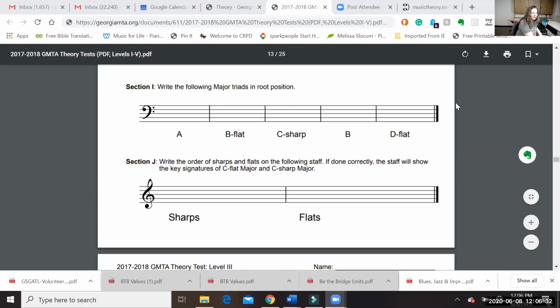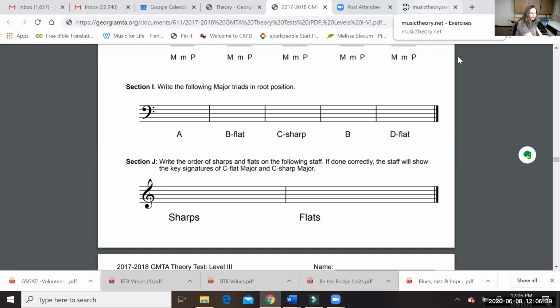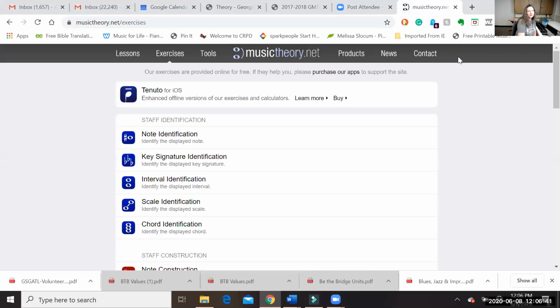Okay, so the last thing I want to show you is where you can find more practice. On your screen you should see, on my screen, the theory page that we just completed, and I'm going to click over to musictheory.net.